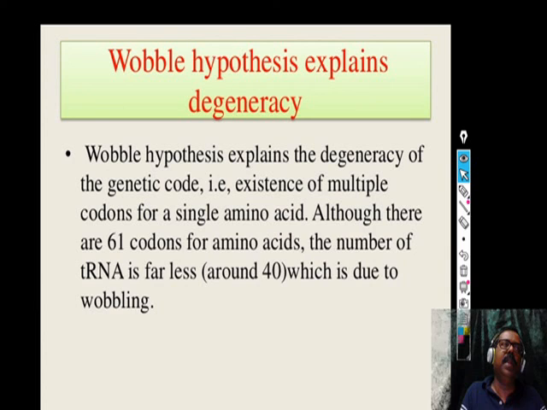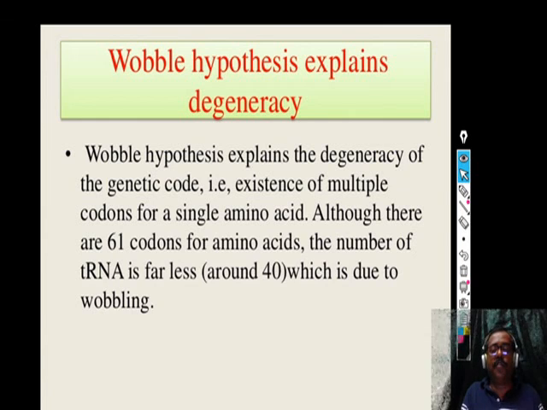If there is no wobbling, then you will get only 40 tRNAs available, as a result of which all codons cannot be translated into the protein.